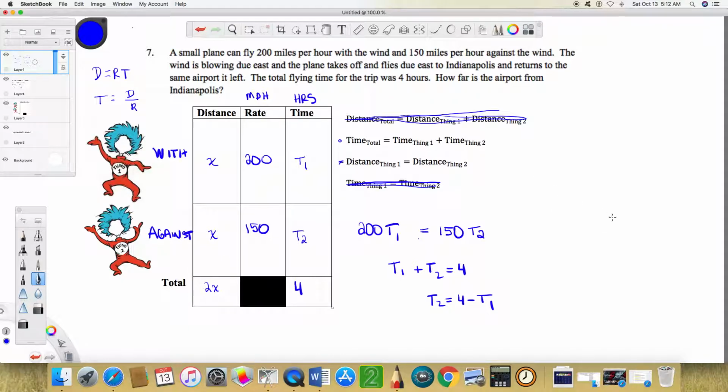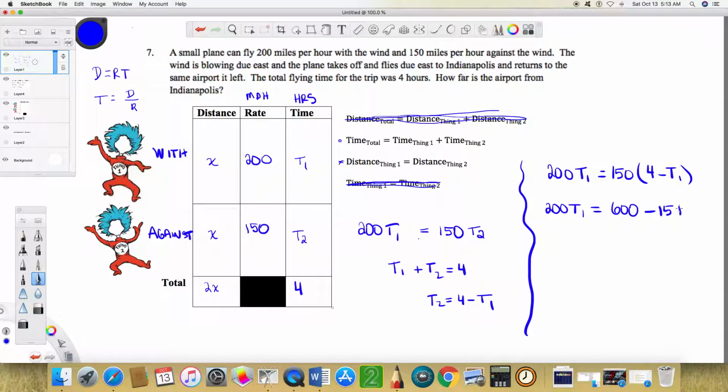So we have 200 times what I've called t1 equals 150 times t2, but we're going to write t2 as 4 minus t1. And let's solve this for t1. 4 times 150 is 600, right?